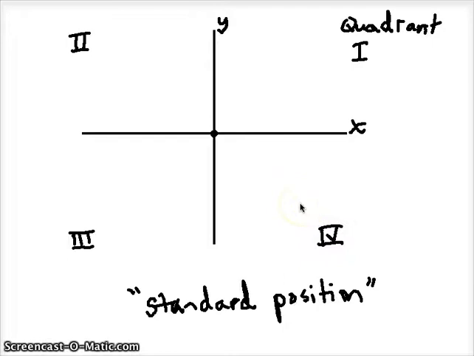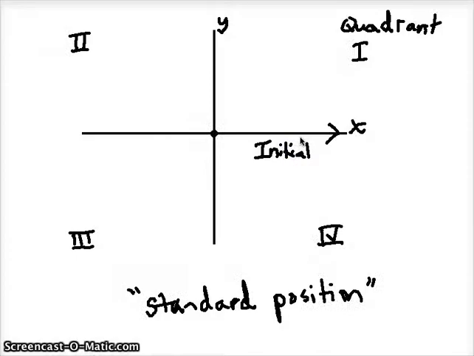So at 0, 0, that's going to be our vertex. And the initial ray, that starting ray, is always going to be laying on top of this positive x-axis. So we're always going to start our initial side right there. And I'll label it either I, or we'll just spell it out, initial.